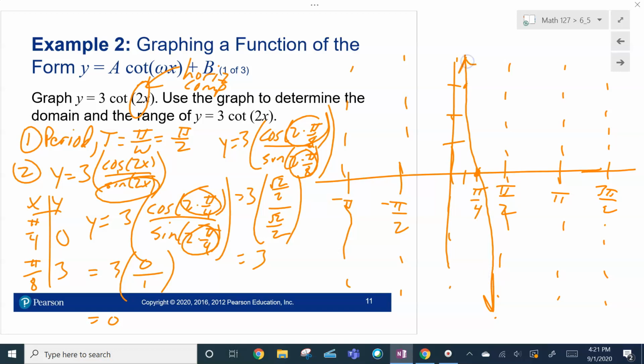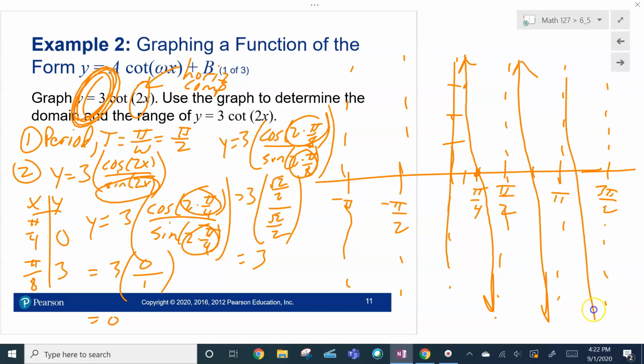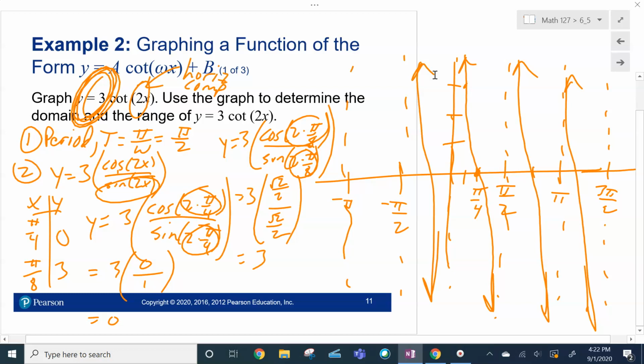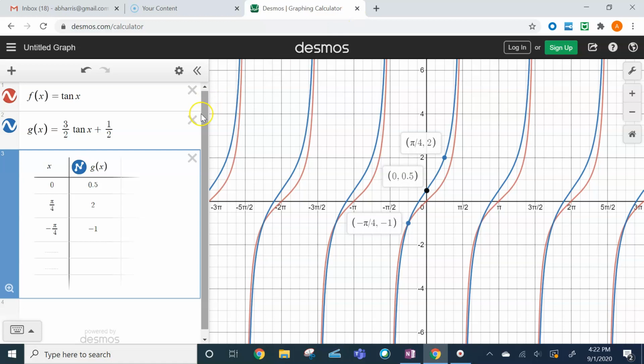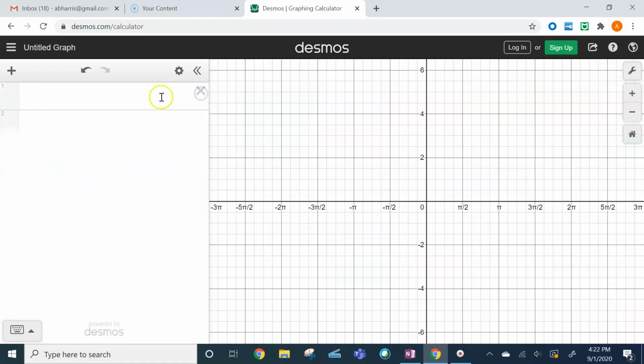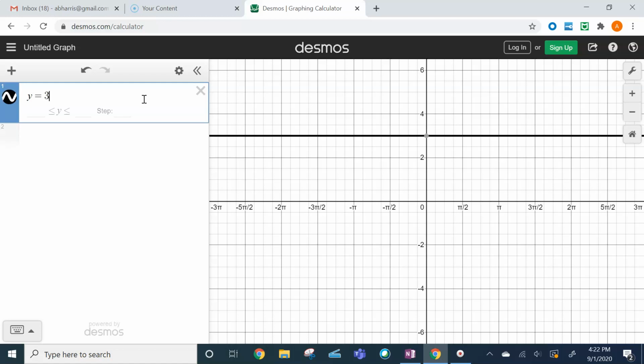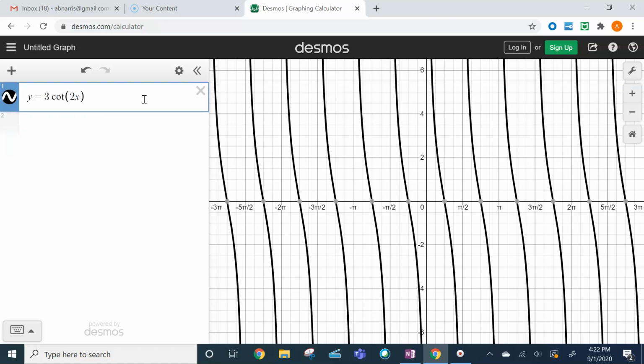So it's decreasing, but this 3 in front is going to vertically stretch that. It's going to really stretch that thing out. And then it's just going to repeat each time I graph this thing. Okay. Anyway, so I'm going to show you on Desmos. Clear these. You can see that nicely there in black, right?